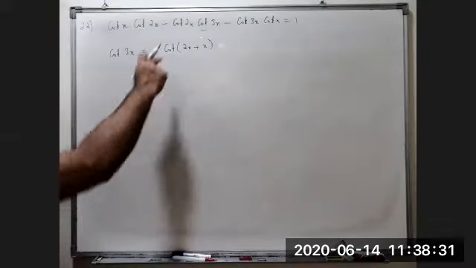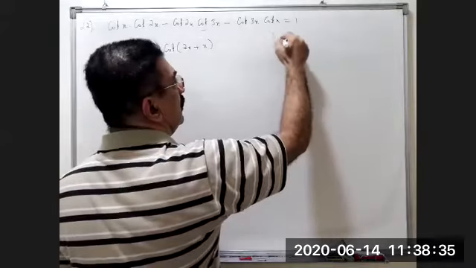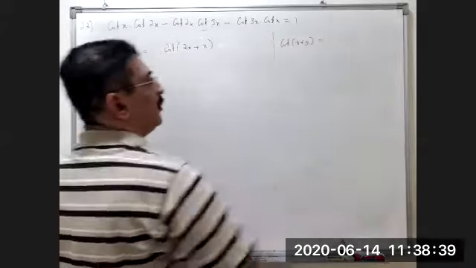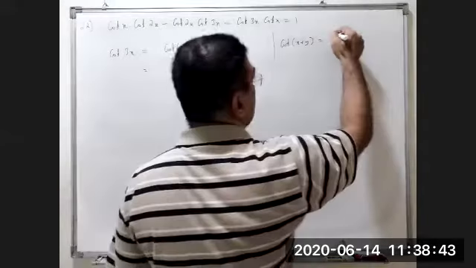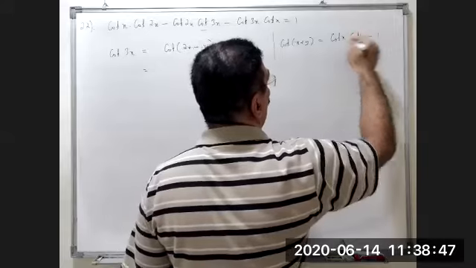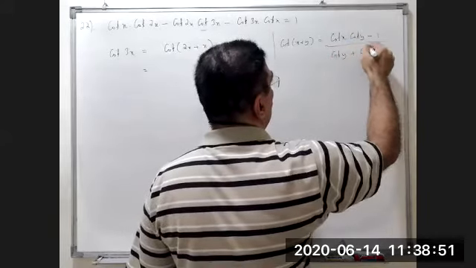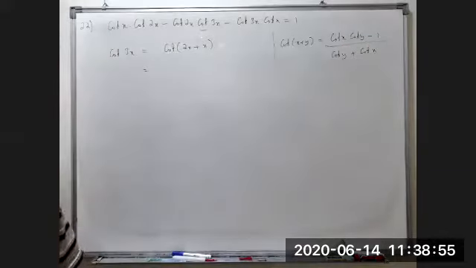Then we use the cot x plus y formula. Remember the formula for cot x plus y: cot x plus y is cot x cot y minus 1 by cot y plus cot x.